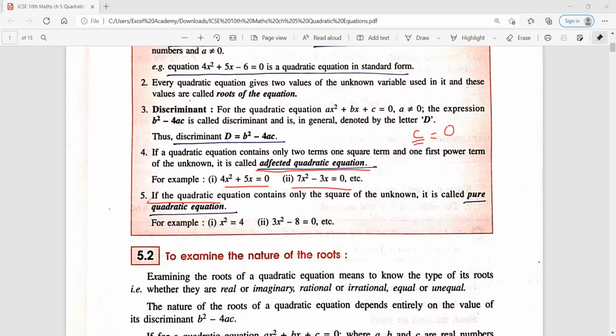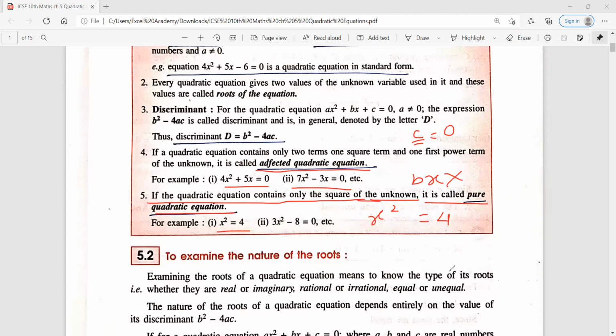Okay. If the quadratic equation contains only the square term, म्हणजे square of the unknown, म्हणजे ax square term is present, it is called a pure quadratic equation. Why pure? Because you get two values which are opposite in sign. Let me explain. So you have only x square is equal to 4. bx ची टर्म नाहीये.